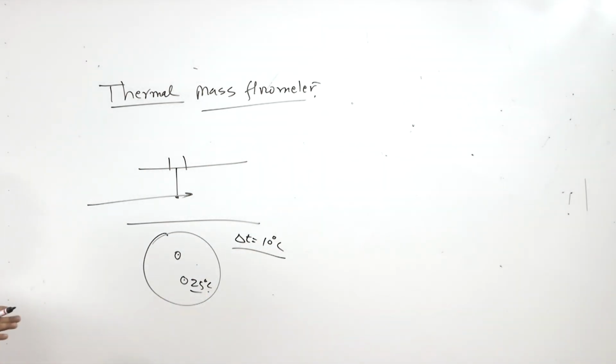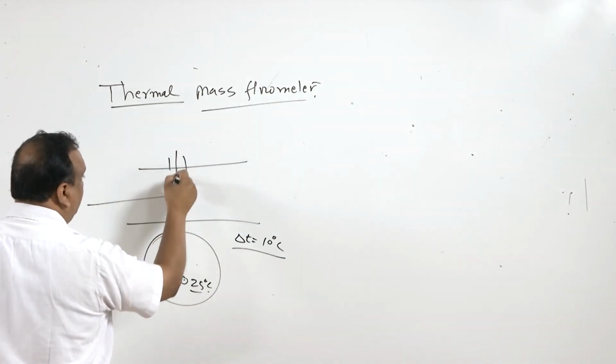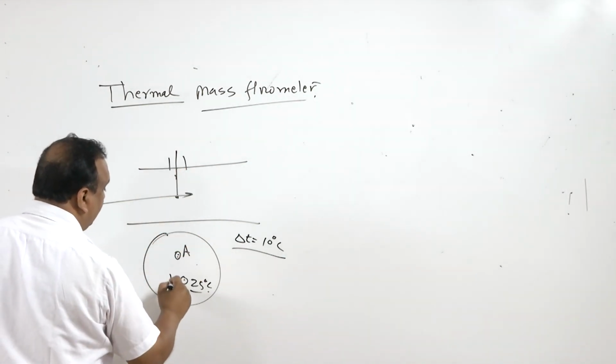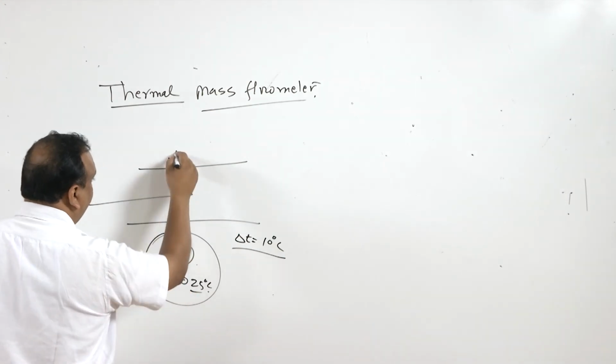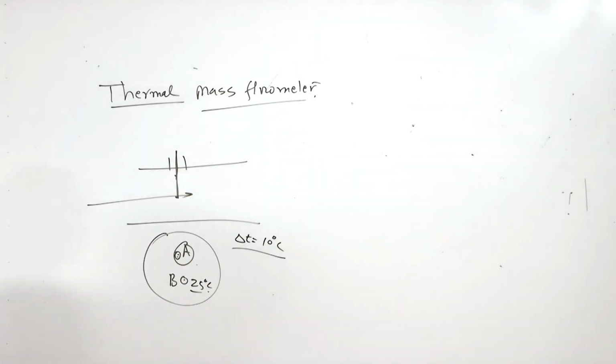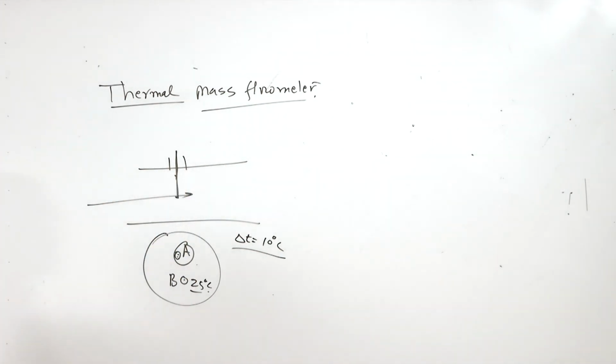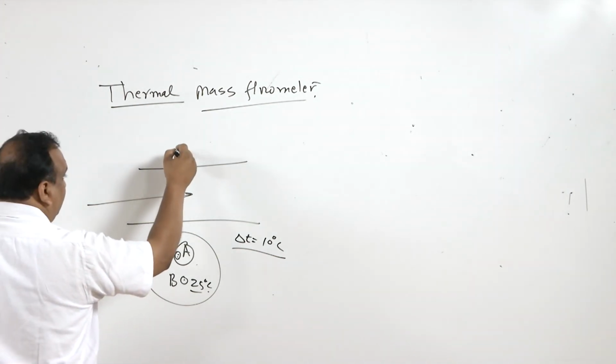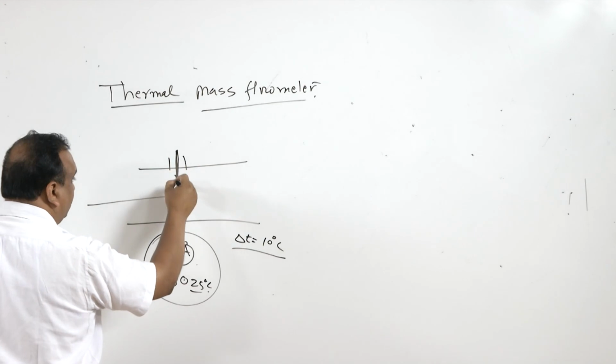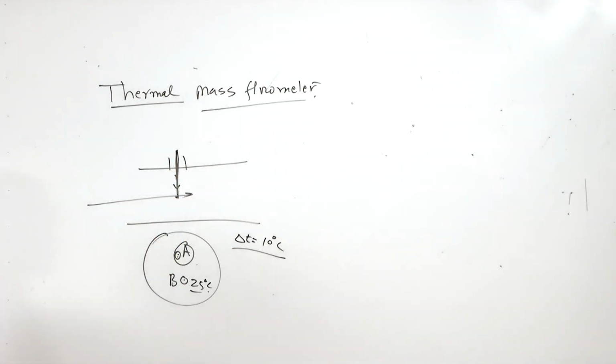Now, in order to maintain this temperature difference, electrical energy input has to be given to, let us say, electrode A and electrode B. When the fluid flows over the electrode, it will take away the heat, and the temperature will tend to go down. But we have a feedback control mechanism. So the energy transmitted to this electrode will further increase, or vice versa.